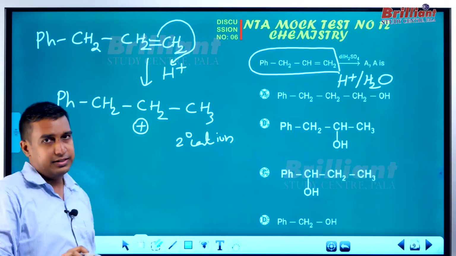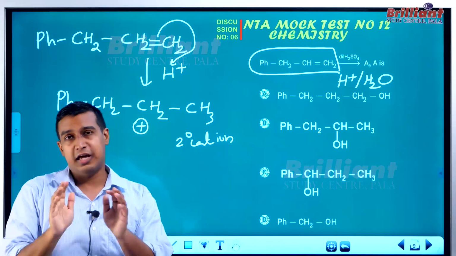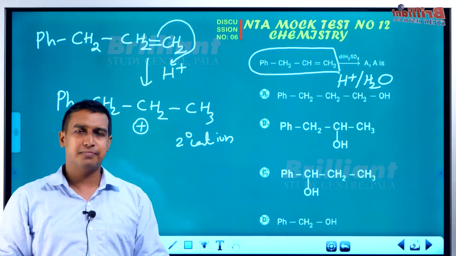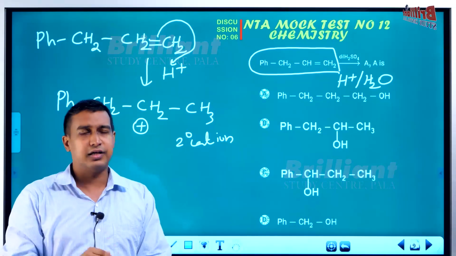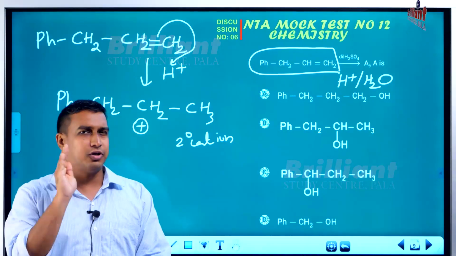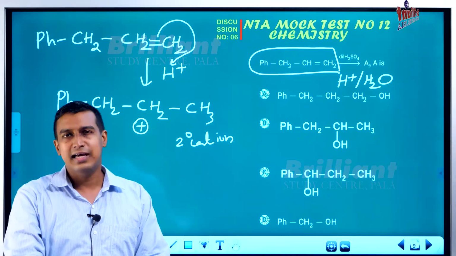Always keep in mind, anions do not rearrange. We do not have any example like that in chemistry. Whenever you get a cation, you always have to check: if the cation you get has a carbon next to it that is more stable, then it will surely rearrange.